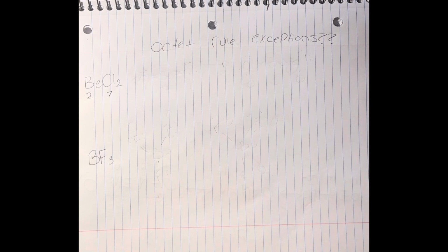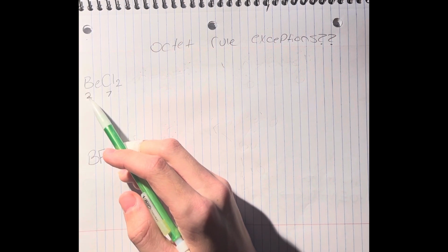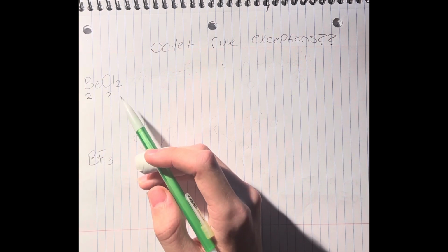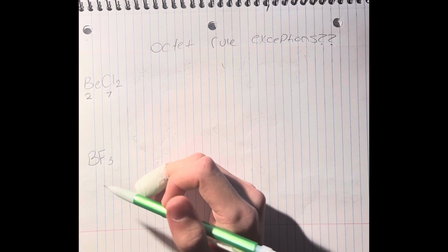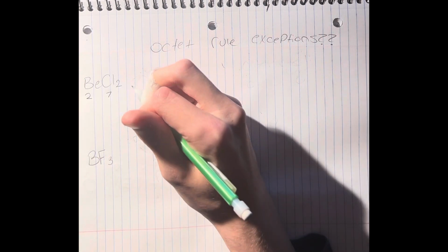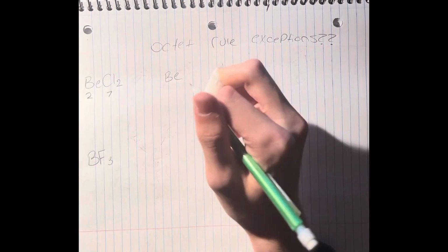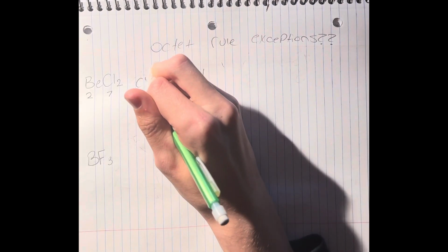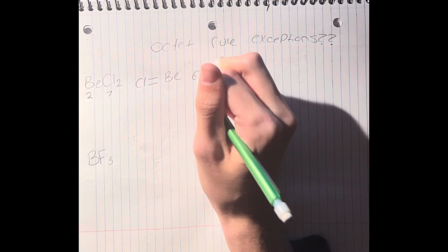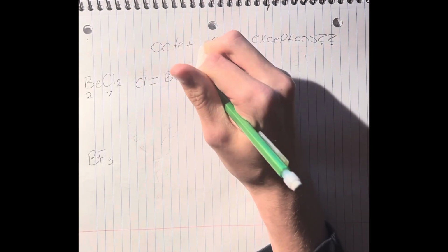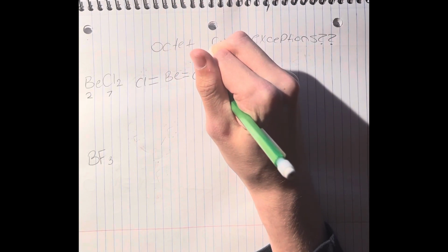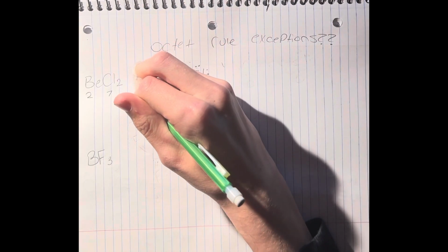We'd go through all the steps. Be has 2 electrons, Cl has 7. We'd figure out how many we have total, how many pairs. We'd realize that Be is the central atom, and then we've got our Cl's on each side, and then we would end up having a structure that looks something like this, okay?